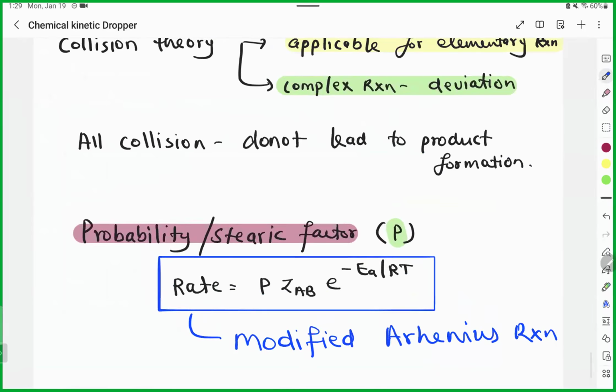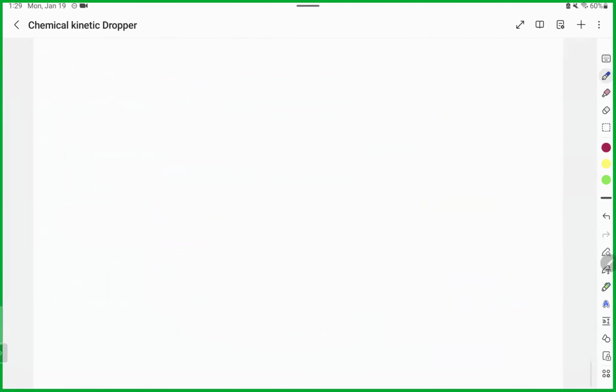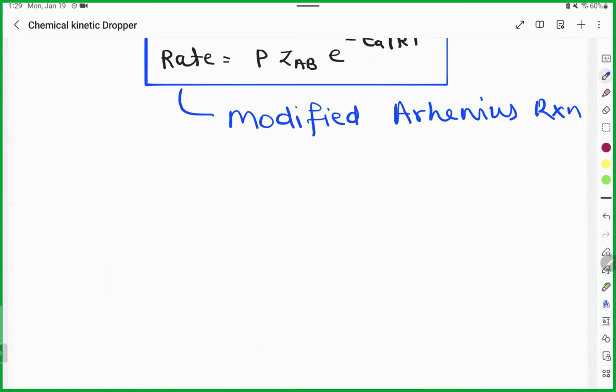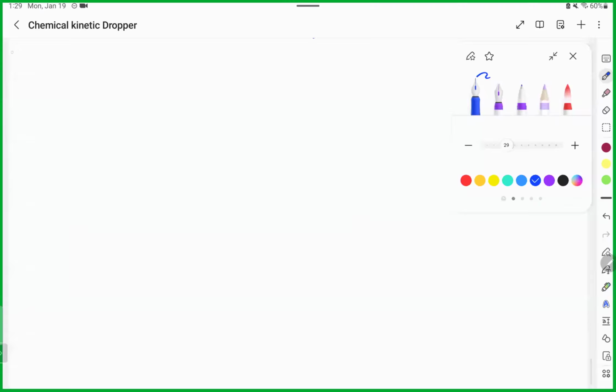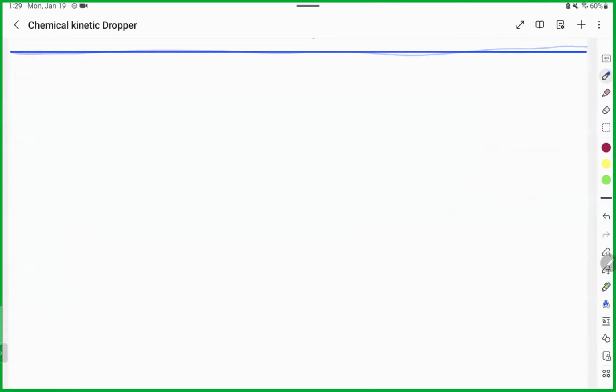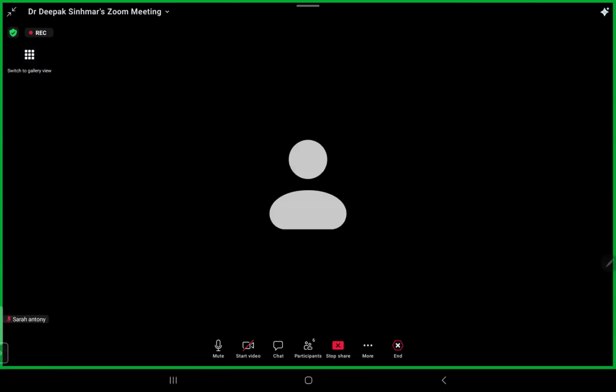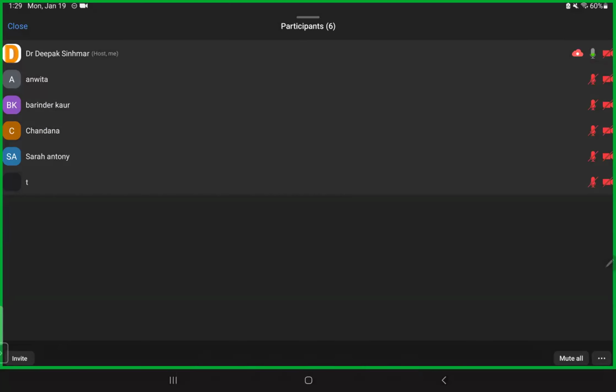So, how would you rate this chapter? Easy, medium, or tough? Let me see how many of you are there. Anvita, so it's fine until the log part, anti-log part comes. Okay. Barinder, you are not audible.